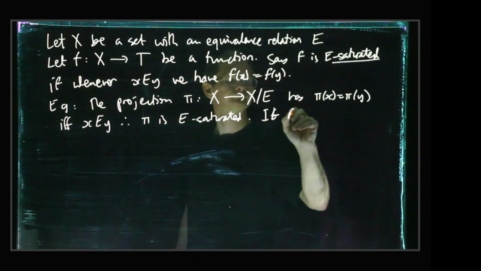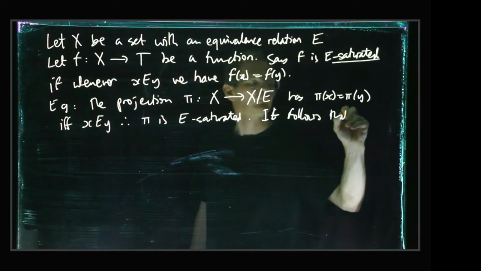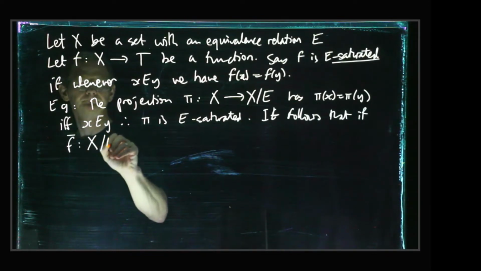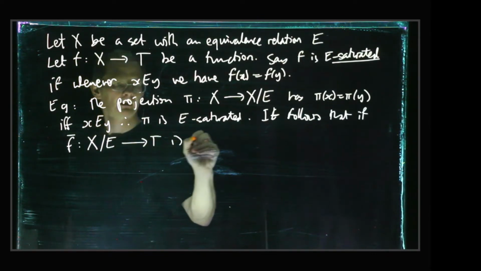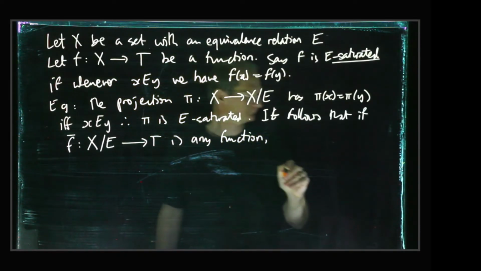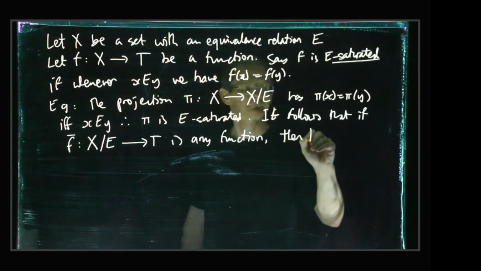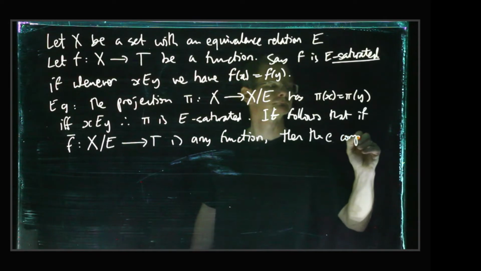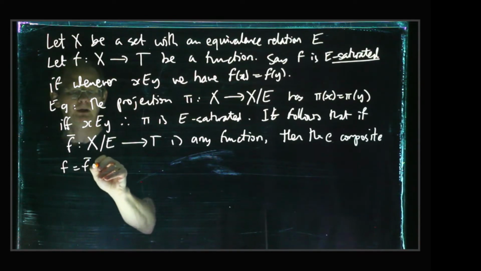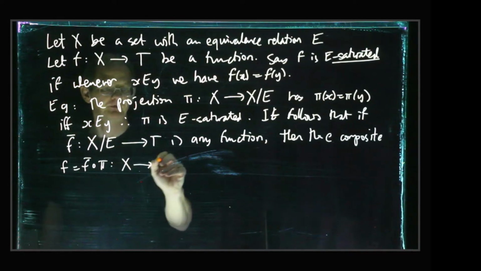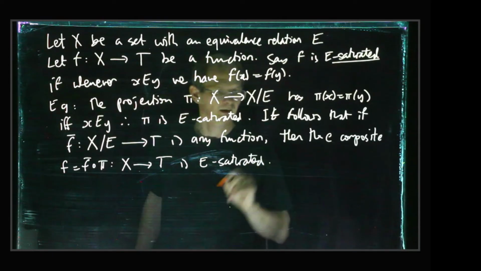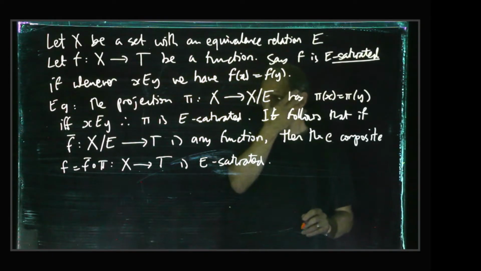So it follows that if f bar from X mod E to T is any function, then the composite, let's call it f, which is f bar composed with pi, that's a map from X to T, that'll be E saturated.